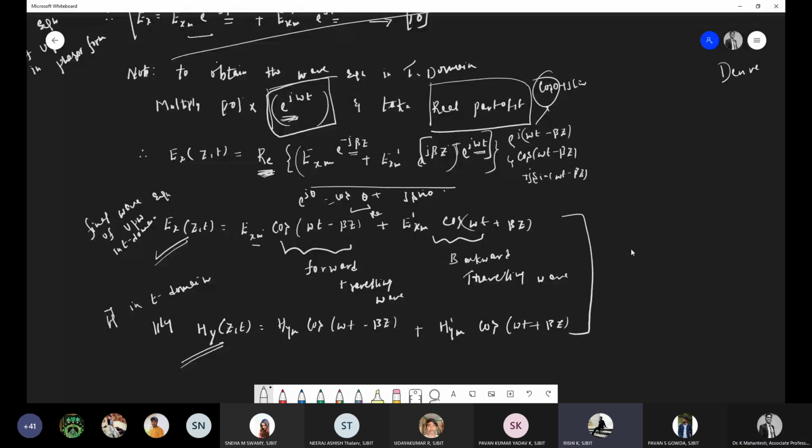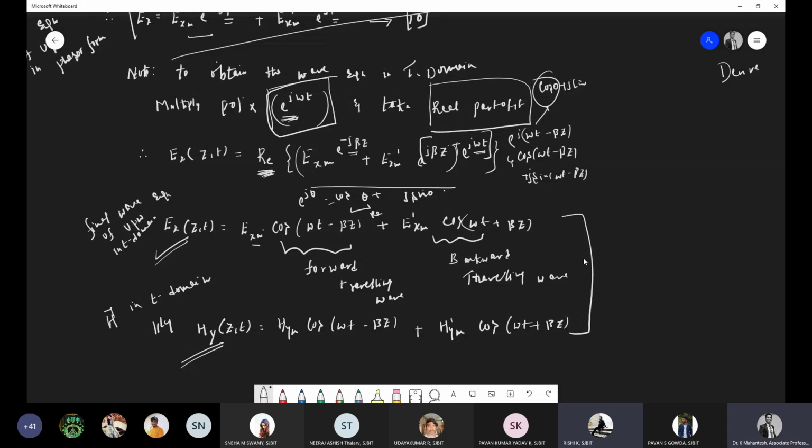Is that okay? So in the next class, we shall discuss the relationship between E and H in free space and Poynting's theorem. We also have wave parameters.